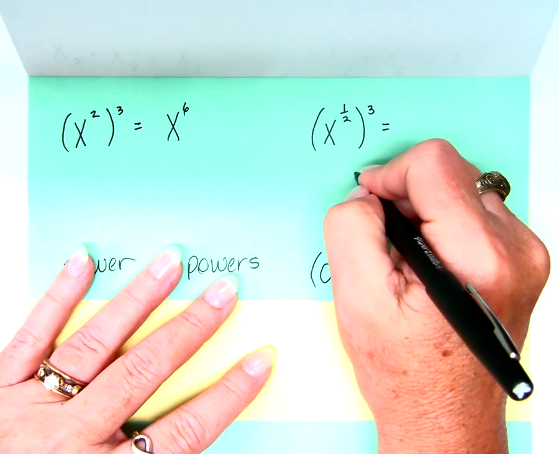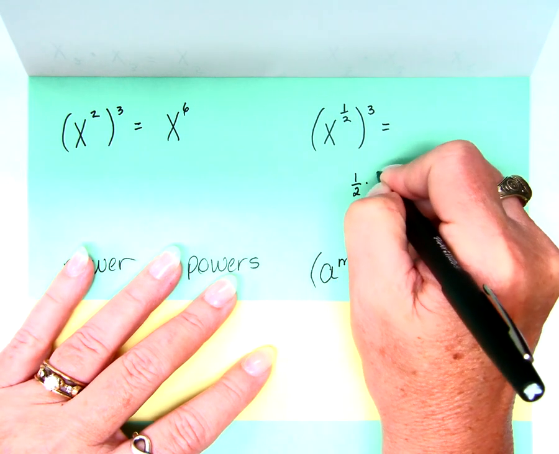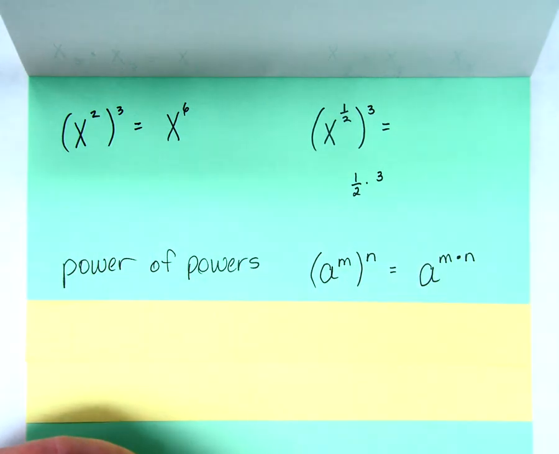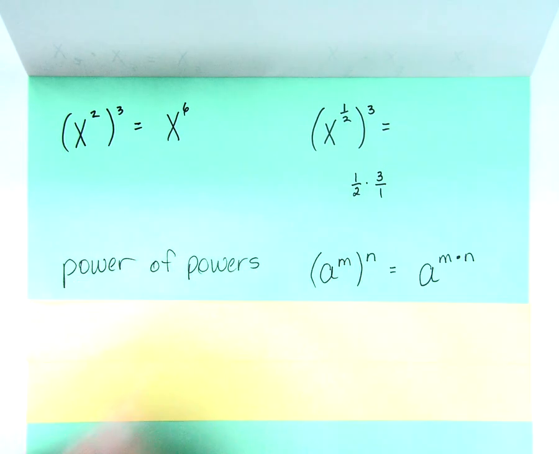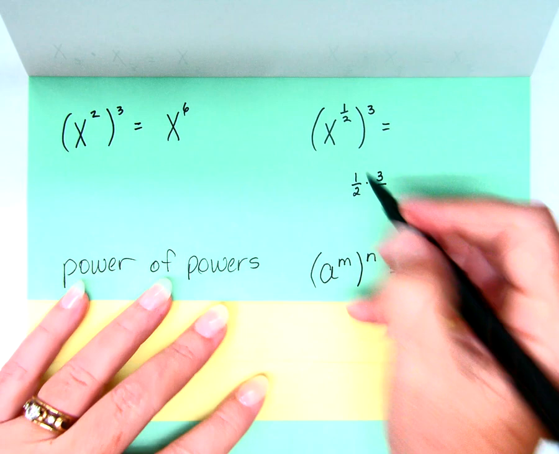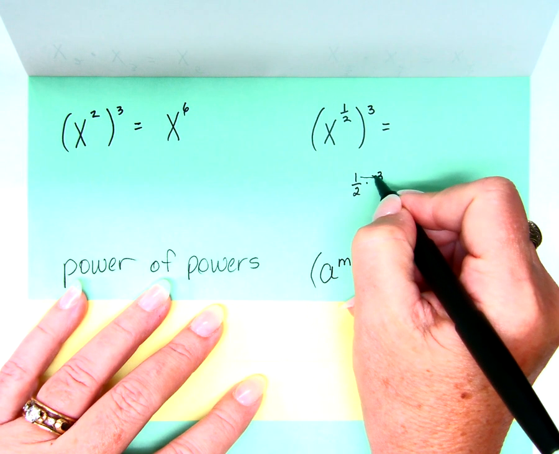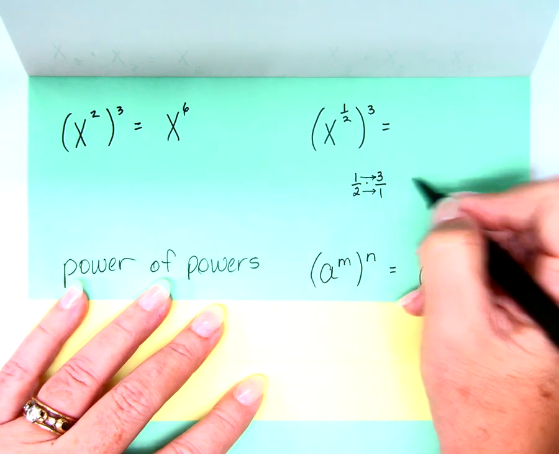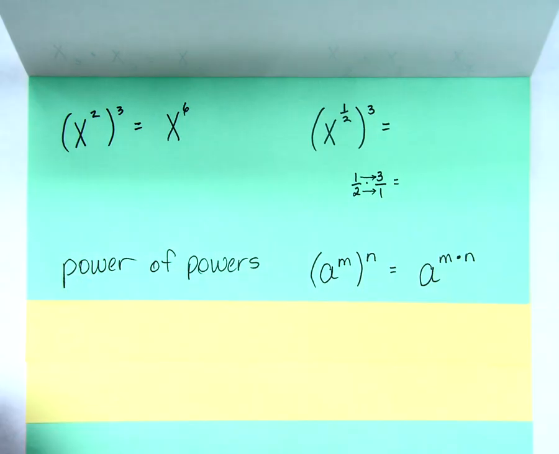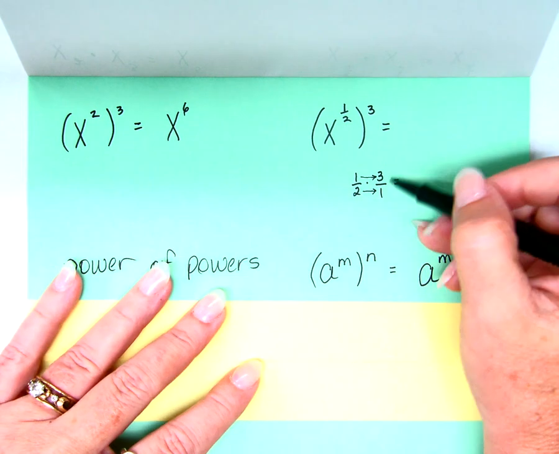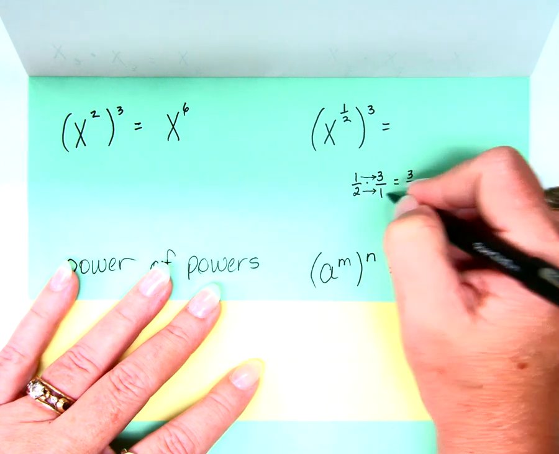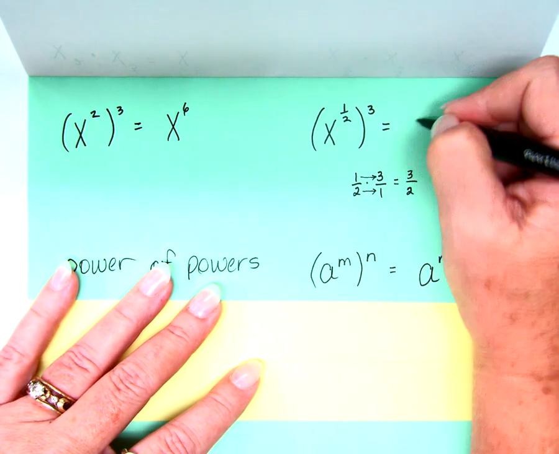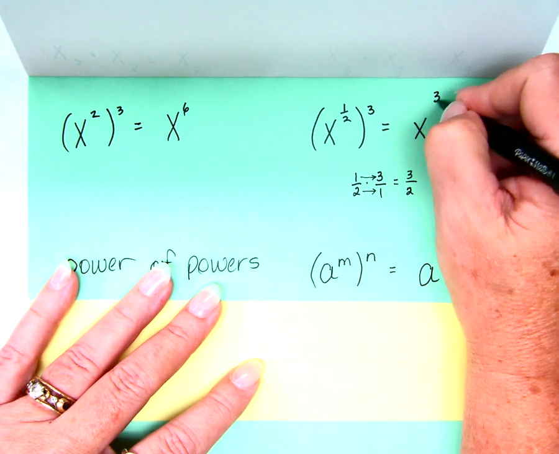Multiplying. So if it's okay with you, I'm going to write 1/2 times 3. Wouldn't it be easier if they were both fractions? Oh yes, that's exactly what I can do, right? 3 over 1. Now how do I multiply fractions? Straight across, right? The only time you cross multiply is when you have two fractions set equal to each other, right? This is just a fraction times a fraction. What's 1 times 3? And what's 2 times 1? 2, right? So this is x to the 3 over 2.